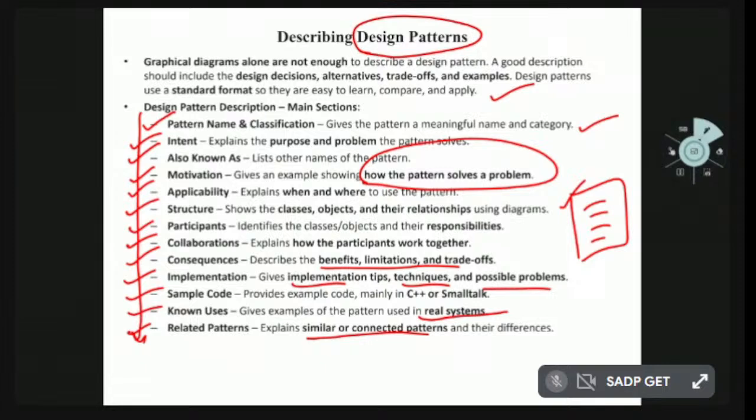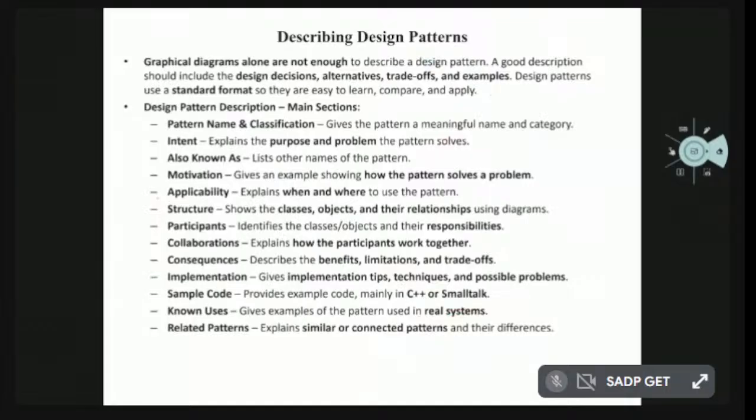Relating to these aspects, we are going to go with a simple sample project. Whenever there is any difficulty in designing or modeling, and graphical representations are not sufficient, we go with describing design patterns.